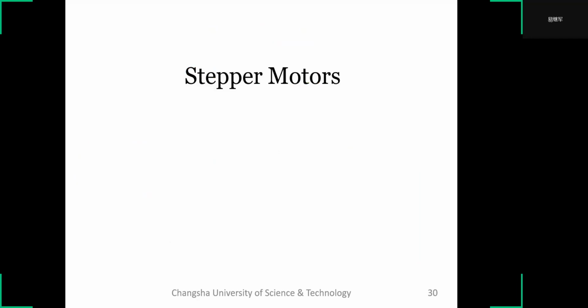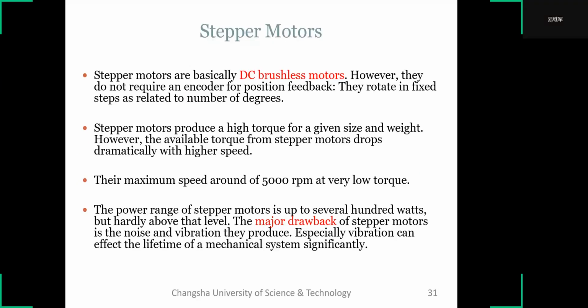Next I introduce the step motor. It is basically a DC brushless motor, however they do not require an encoder for position feedback.